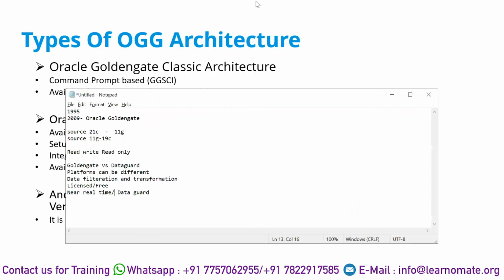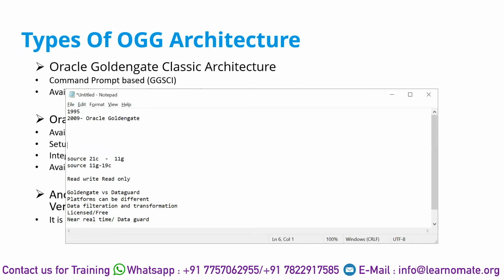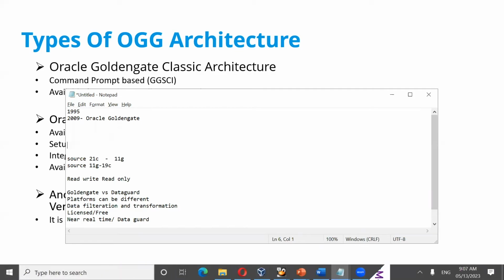So GoldenGate was founded in 1995, and it was GoldenGate only at that time. In 2009, Oracle took it over, and since then it is known as Oracle GoldenGate. From 2009 to 2017, there was only one way to configure GoldenGate, and that was through the command prompt, GGSCI.